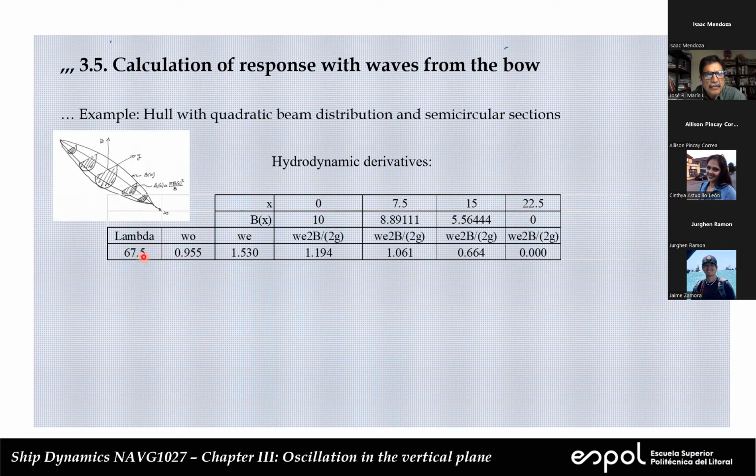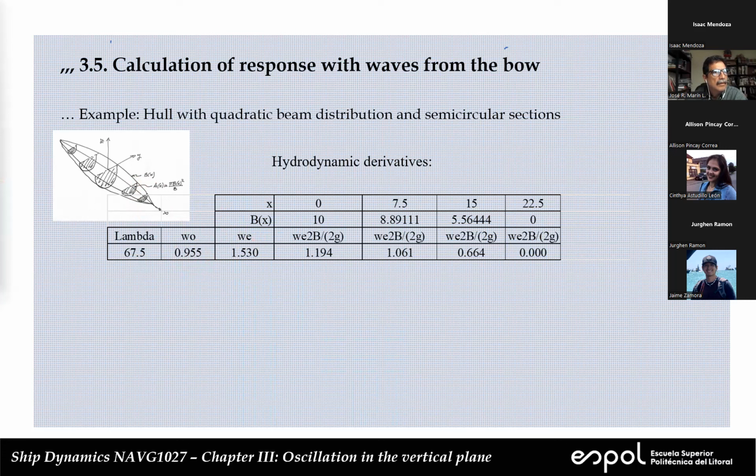With this, I can calculate K, 2 pi over this, and with that, I can calculate omega sub 0. So this is the wave frequency. This is radians per second, okay? Now, since we're moving with velocity, I have an encounter frequency, which is different than that.